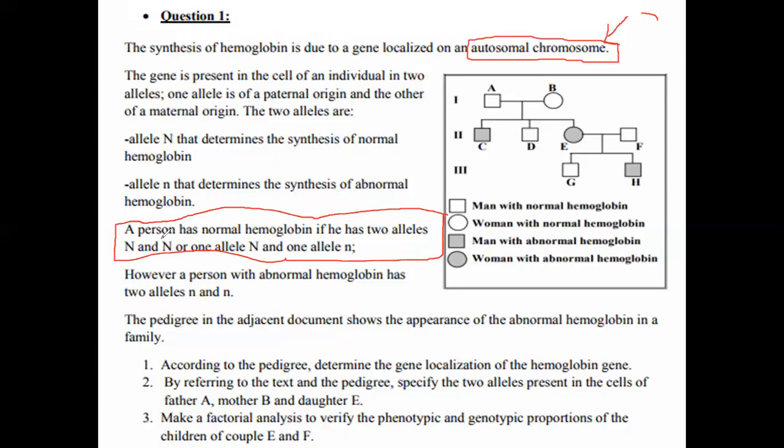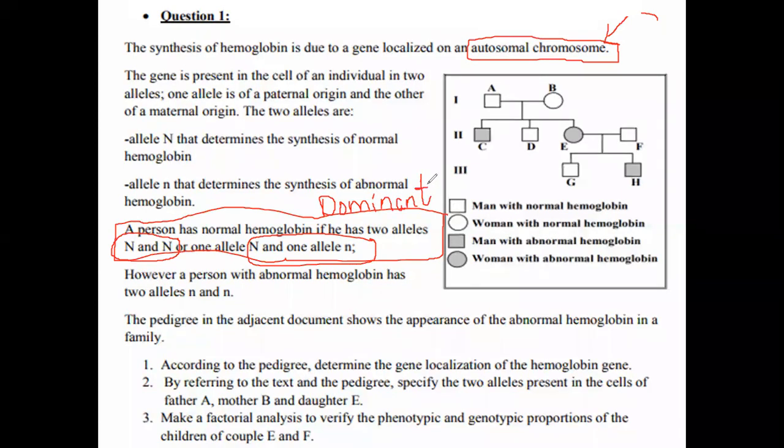Why? Because the allele of the normal hemoglobin can be expressed in both homozygous and heterozygous, so it's the dominant allele. The dominant allele is the one that is expressed in both homozygous and heterozygous.